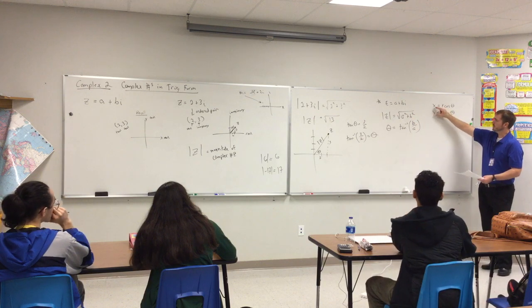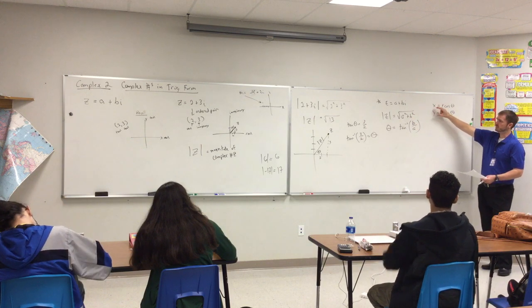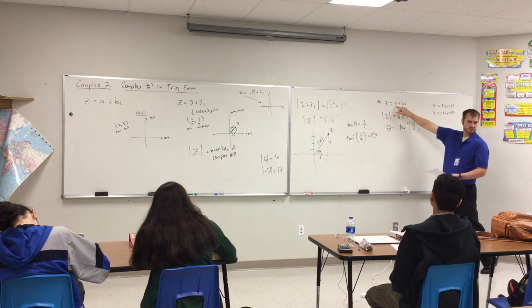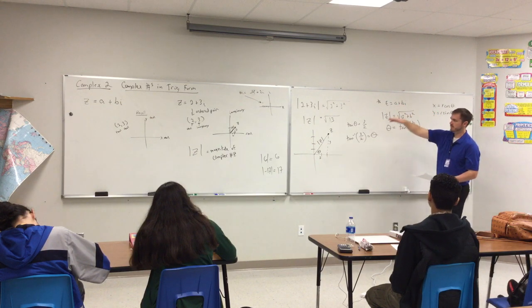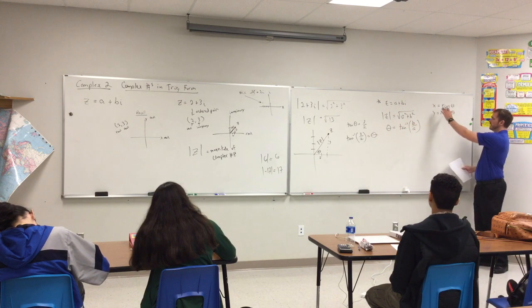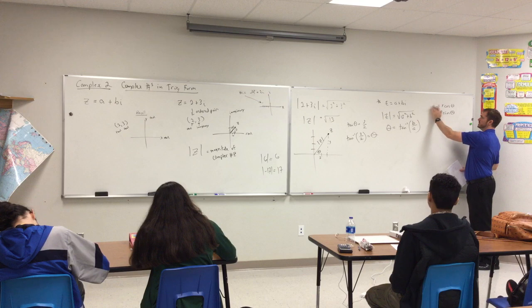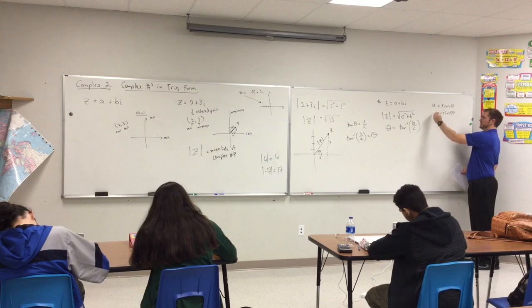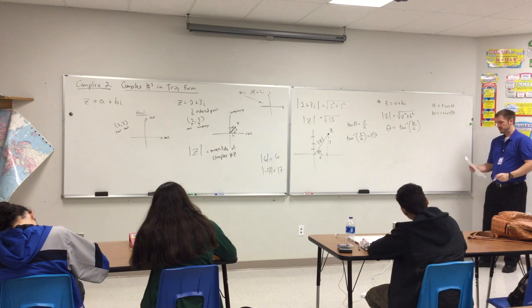So what we have been calling the x and y correspond to the a and b, right? Where a has been our horizontal and b has been our vertical. So instead of saying x, I'm going to say a. Instead of saying y, I'm going to say b.